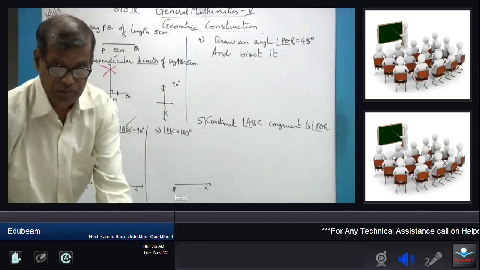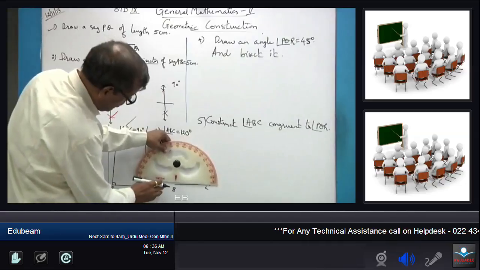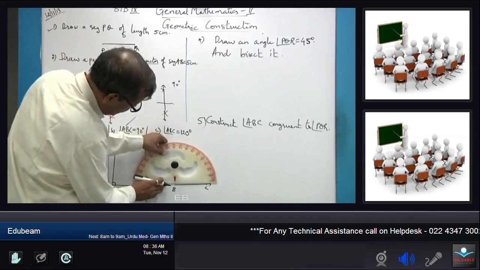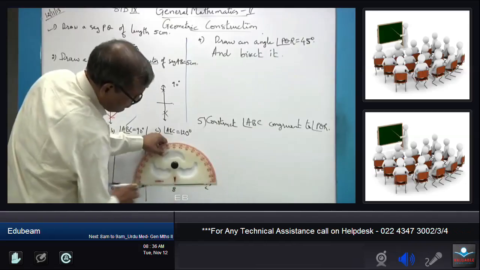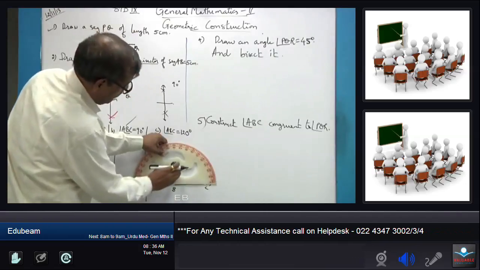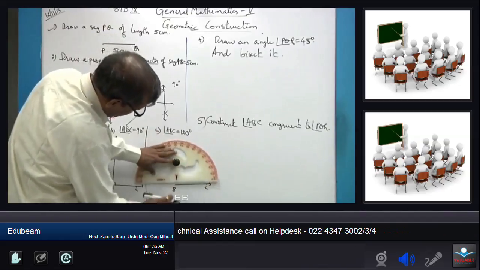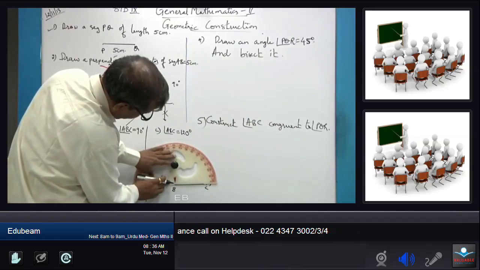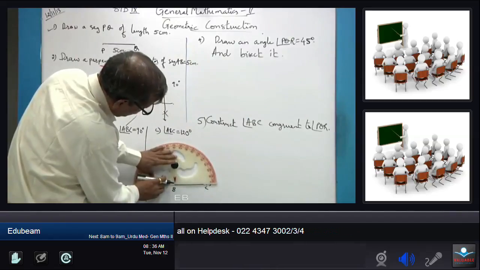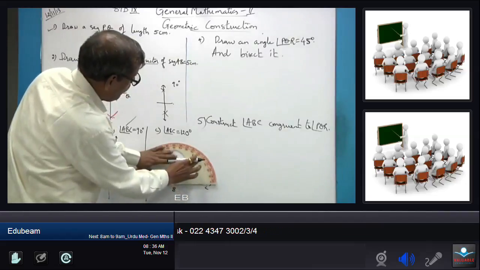So you keep it on Q and draw an arc. Cut it on both the sides of equal measurement. From this Q point, cut it here and cut it here with the same measurement. You can change this one, but when keeping here and here, this should be same.